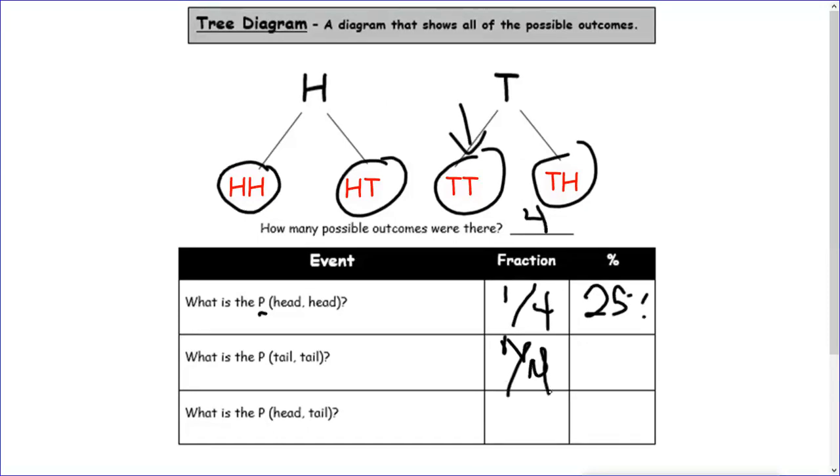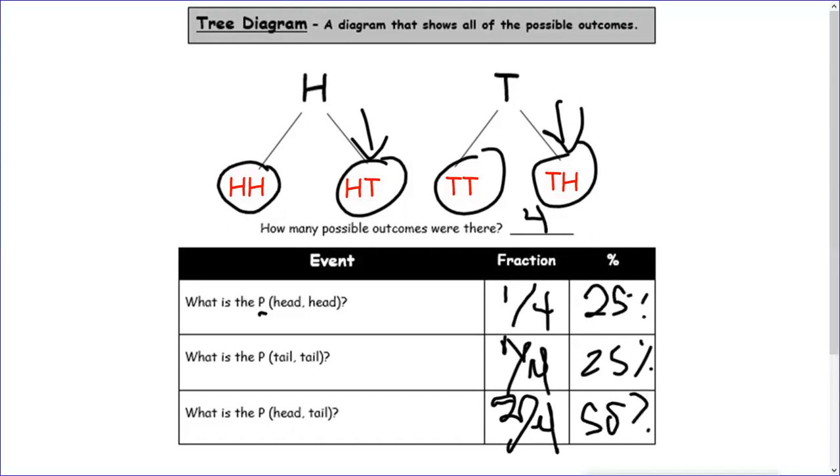So the probability was 1 out of 4, or a 25% chance. Now, if the desired outcome was a head-tail, there were actually 2 of those, 2 out of 4. So every time you played that, you had a 50% chance of winning. So the majority of the time, this person's going to win.